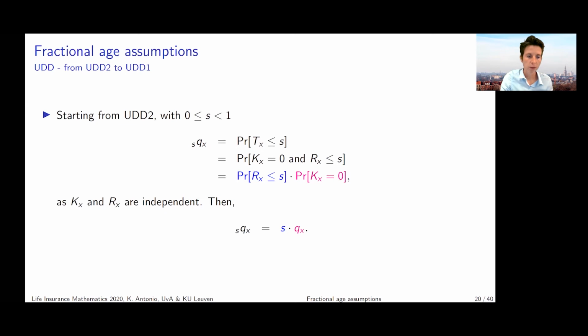And we also know that we can write this probability in blue because of the uniform distribution of the Rx. We can write it as just s, and the probability in magenta, that is exactly the 1-year probability of dying for an x-year-old. So that's just the qx. So we see, if we're willing to assume the UDD formulated in its second way with the Rx and the Kx, then we immediately retrieve the UDD as formulated in the first way, namely that the mortality probability, the sqx, can be written as the product of s and qx.